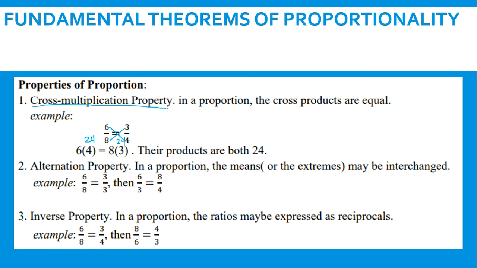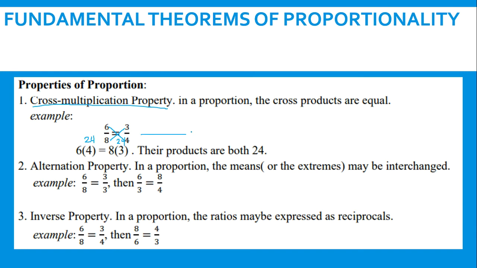Then number 2, what we call the alternation property. In a proportion, the means or the extremes may be interchanged. So sige, balik ta diri sa 6 over 8 equals 3 over 4, or 6 is to 8 as 3 is to 4.